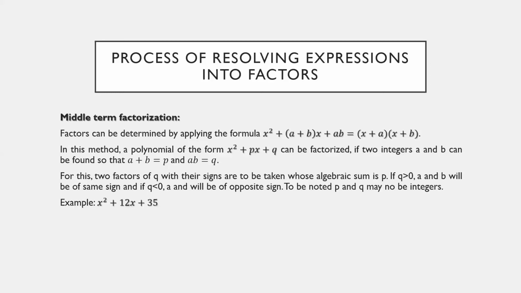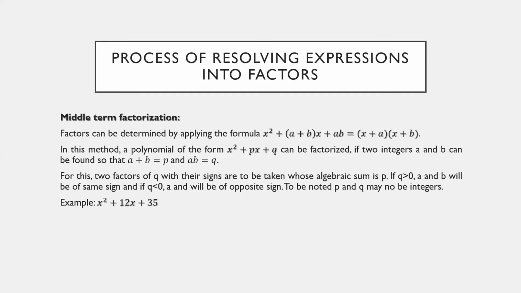So for example, x square plus 12x plus 35. Here we have it in the form x square plus px plus q. Now we have to factorize the constant term, which is 35, in such a way that the sum of the factors equals 12. As the constant term is greater than 0, the factors will be of the same sign.